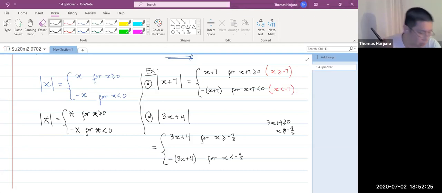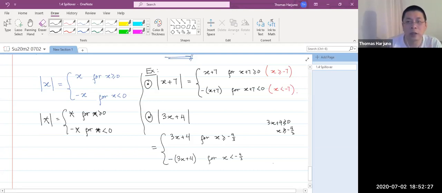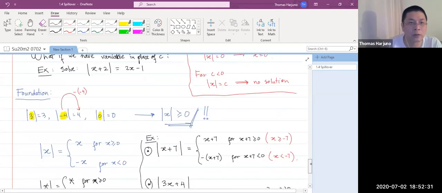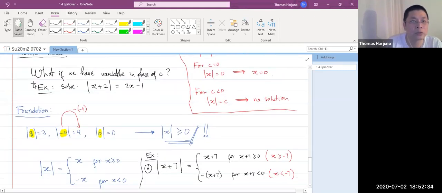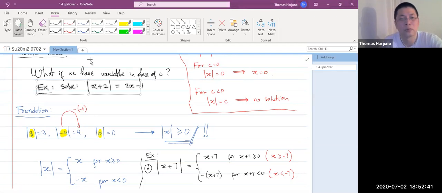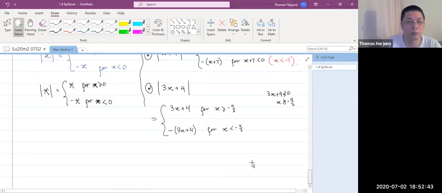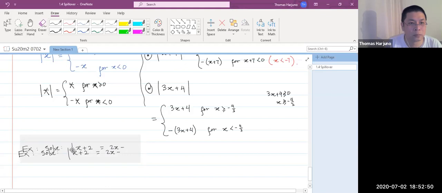Okay, so Thomas, what does this explanation have to do with the example you have up here? Then let's go back to this example. How do we solve this problem? Copy that, put it underneath here. Example 1, solve that.